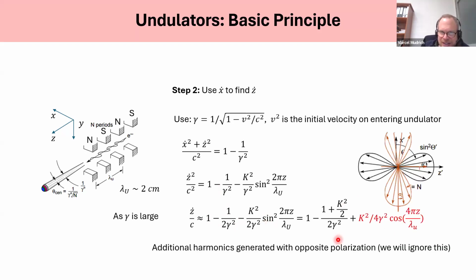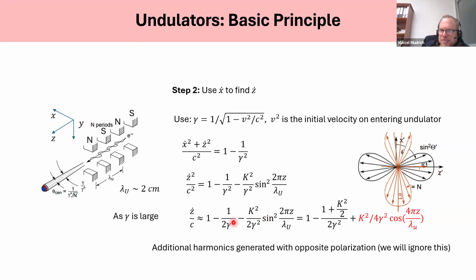In particular, the sine square term can also be written as a cosine of twice the argument, and that interestingly gives a component of the emission of radiation in the perpendicular direction.